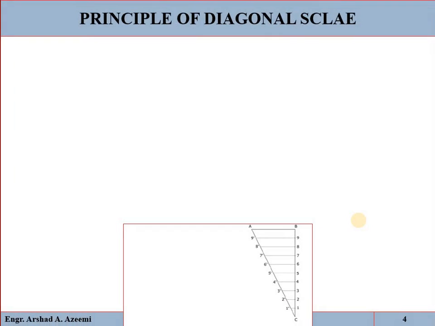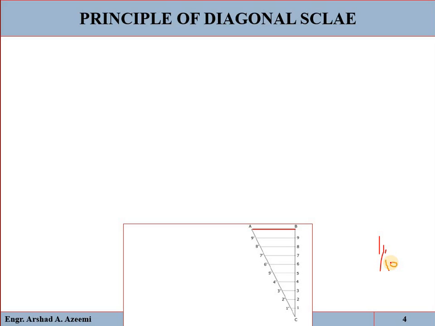For that purpose, first you have to know about the graphical division of a line. For example, if you have a short line AB, suppose it is 1 centimeter or 2 centimeters, or 1 inch, how will it be divided into multiples of 1/10, and how will you take its subdivisions, for example 0.1 time of AB, 0.2 time, 0.3 time, 0.4 time?